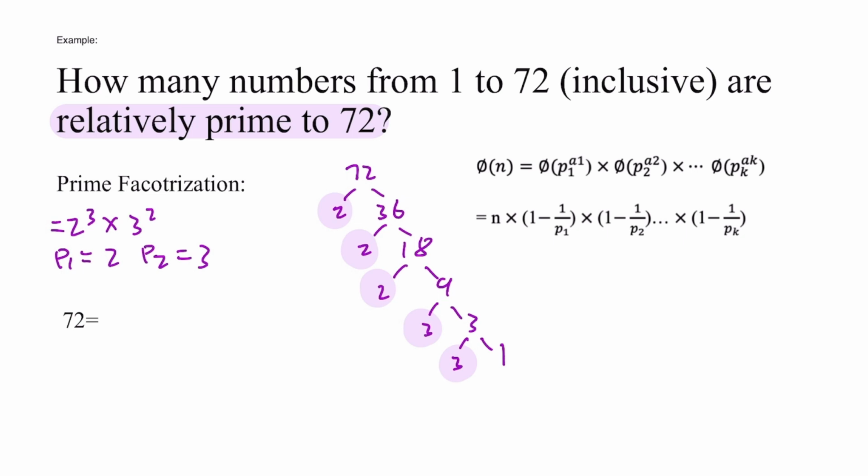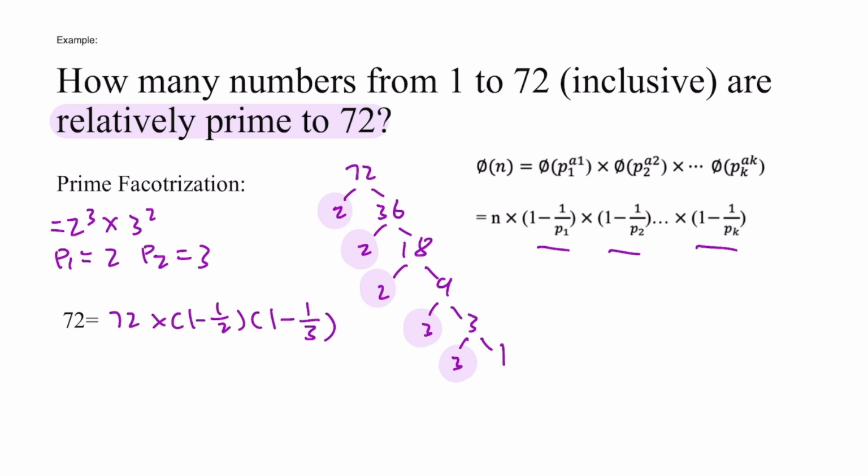And now we have to take phi of n. So phi of 72 is going to be 72 times 1 minus 1 over 2 times 1 minus 1 over 3, which is exactly what the formula says.